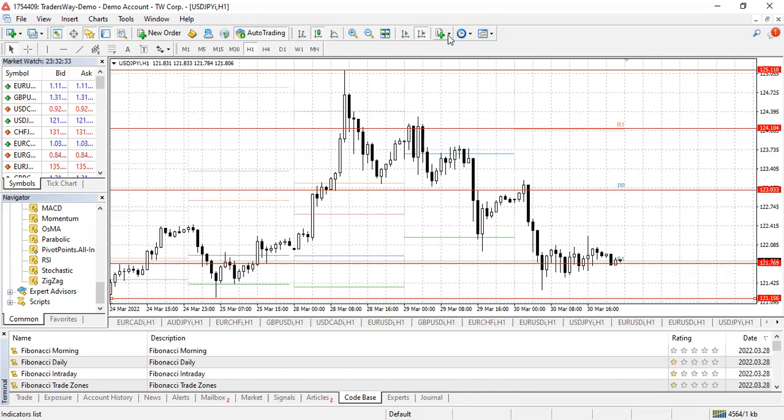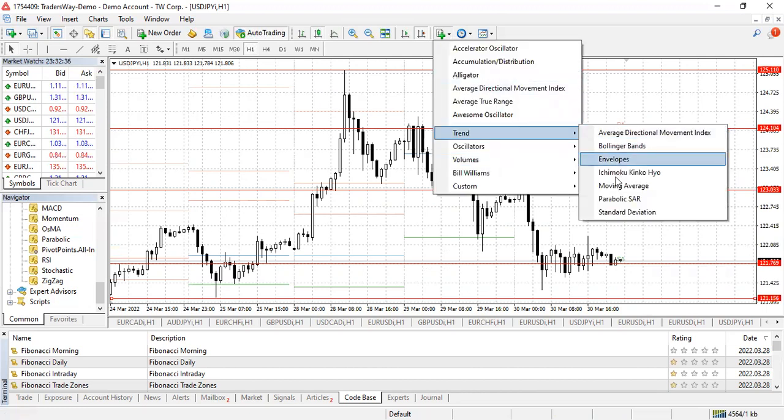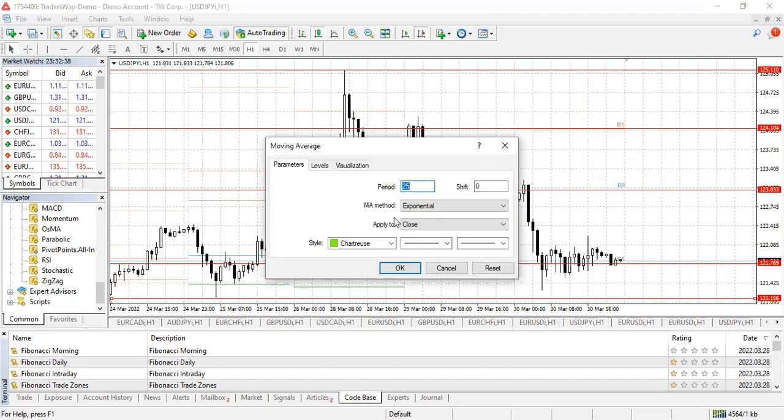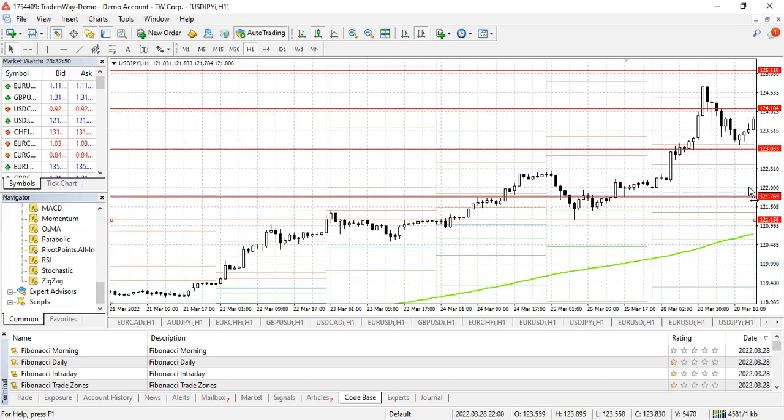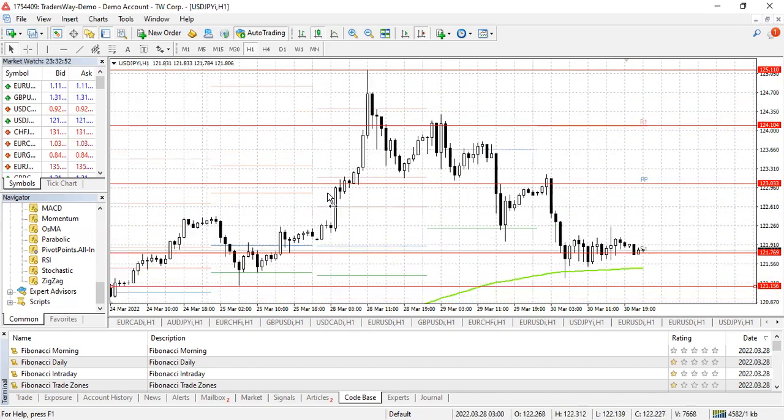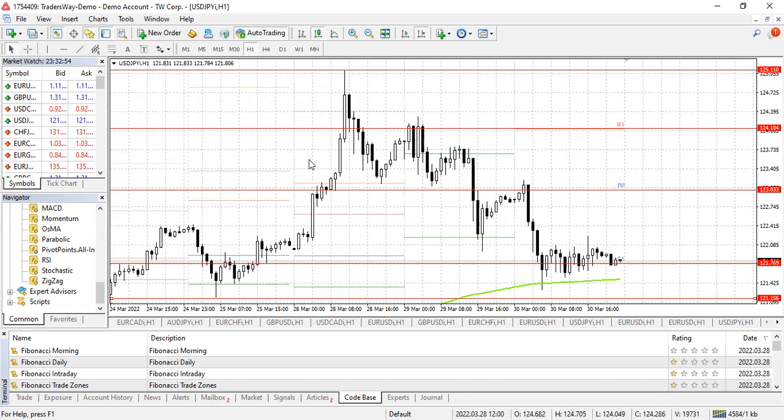If I map out my trend, my moving average, let me map out my 200 moving average. So from here to here, can you see, the market is in a downtrend.